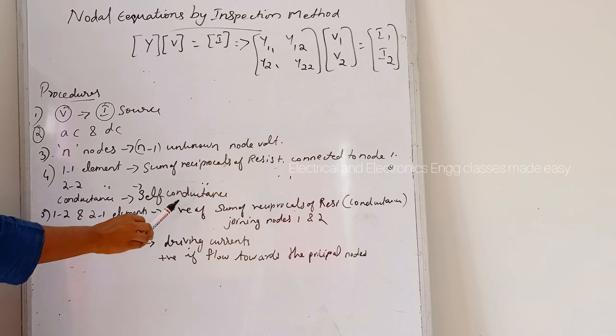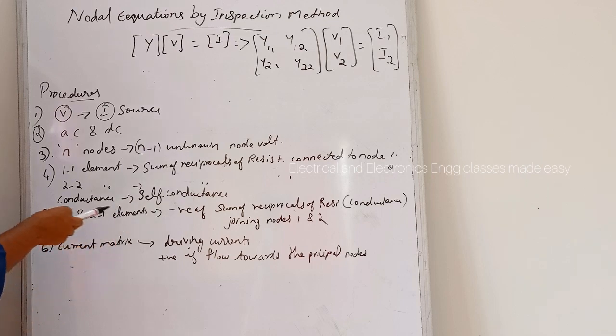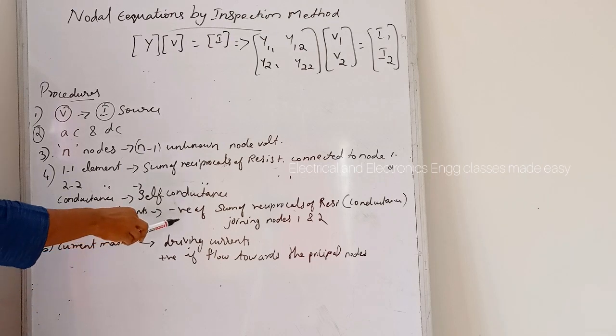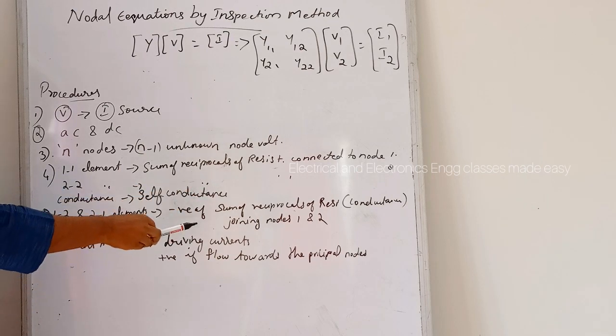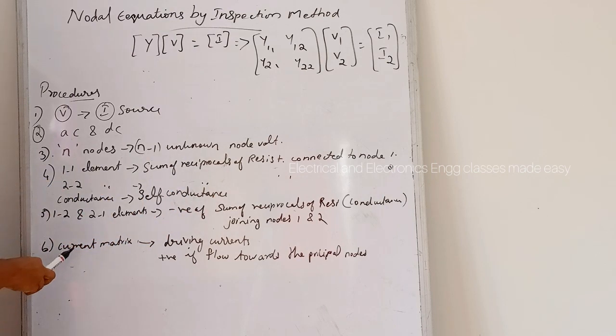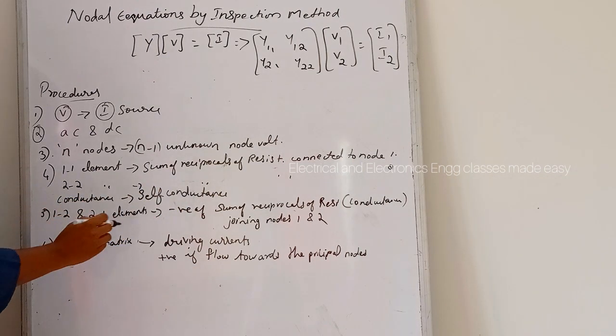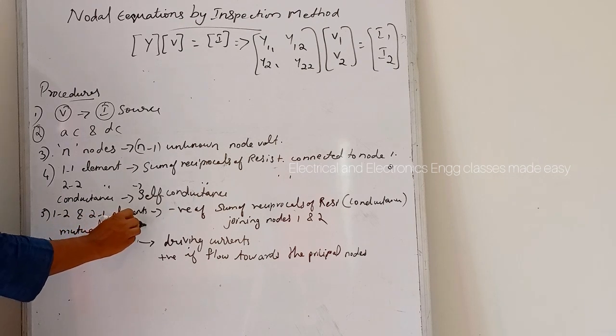So the 12 and 21 elements are the negative of the conductances joining nodes 1 and 2, and they are called mutual conductance, while the 11 and 22 elements are self conductance.